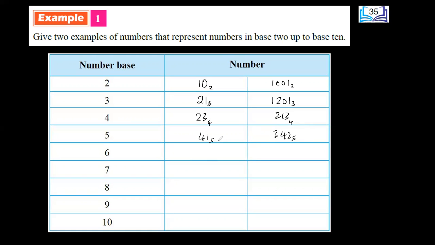Base 6 is like 5 base 6 and 4510 base 6. The digits can be formed by 0, 1, 2 up to 5, but you don't see 6 here. For base 7, 64 base 7, 463 base 7, and so on. You can check from the textbook.